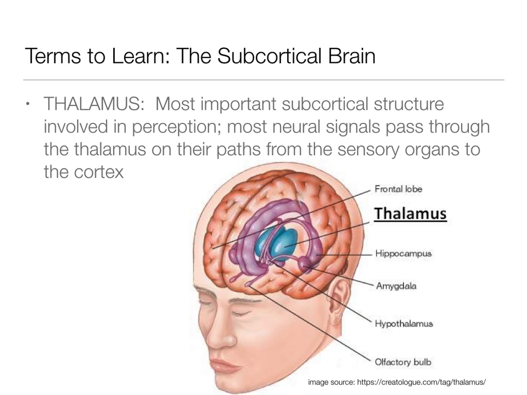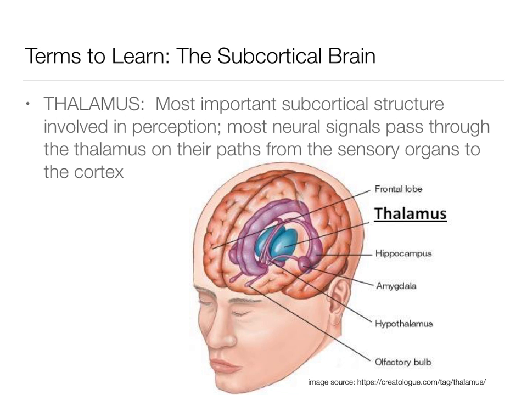This is a really important subcortical structure because most of our sensory signals are passed through the thalamus on their way from the sensory organs to the cortex. So from the ears, from the eyes, these signals typically go through the thalamus.